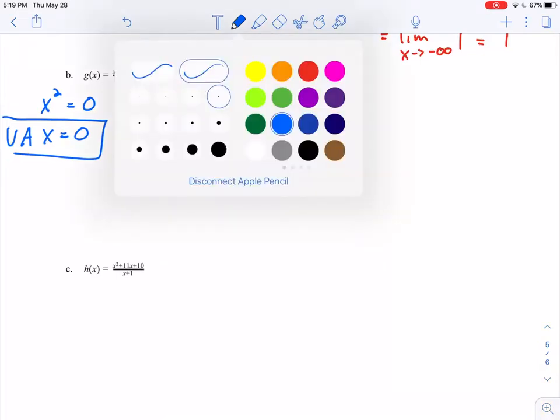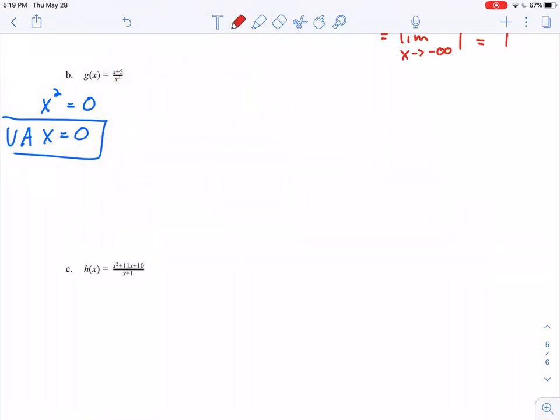To find the horizontal asymptotes, again, I'm looking at the limit as x approaches positive infinity of g of x. So I'm just looking at the leading term of the numerator and the leading term of the denominator. So the limit as x approaches positive infinity of x over x squared.